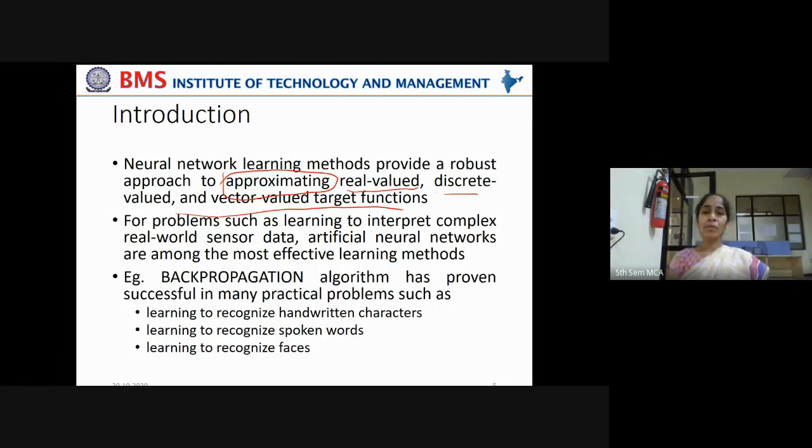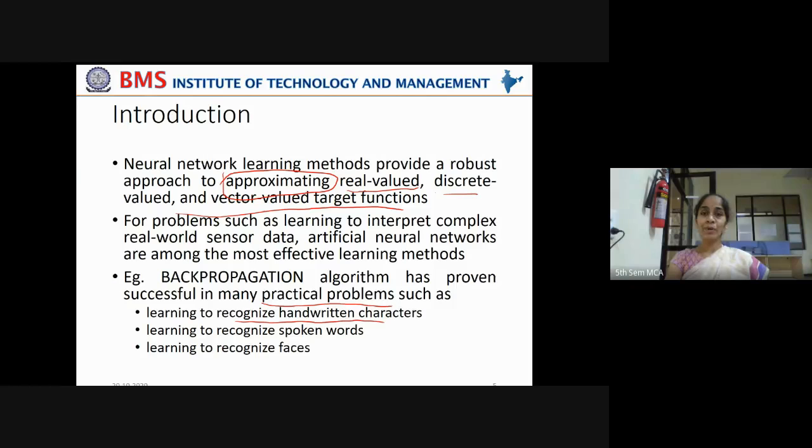Now, for problems such as learning to interpret complex real-world sensor data, artificial neural networks are among the most effective learning methods. In order to conquer this kind of complex real-time situation, artificial neural networks have proven to be effective. And the backpropagation algorithm, which we are going to see in this chapter, has proven successful in many practical problems such as learning to recognize handwritten characters. This requires artificial neural networks.